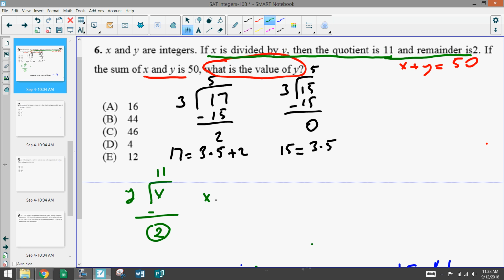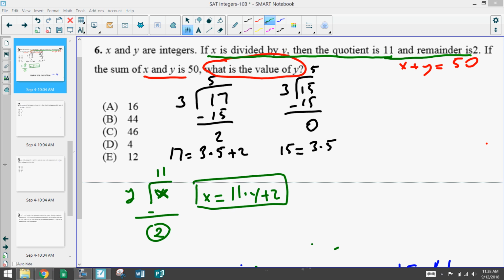What is x? 11 times y plus 2. Same thing we did here. 17 is equal to 3 times quotient plus remainder, so x is equal to y times quotient plus remainder.